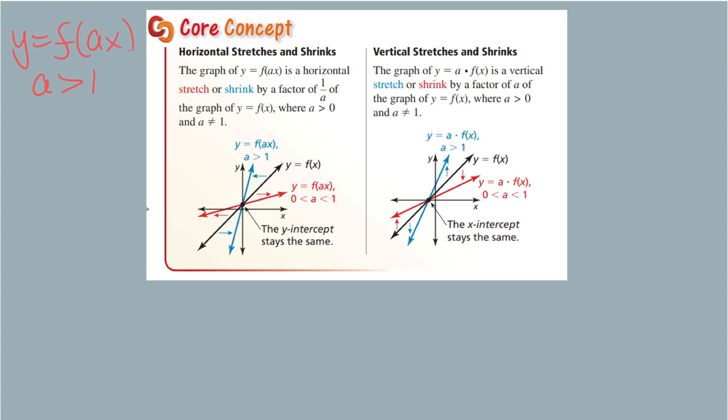We just did that. When a is greater than 1, we have a shrink. But when 0 is less than a and less than 1, still multiplying, but we have a what? A stretch. Correct. We're having a stretch.